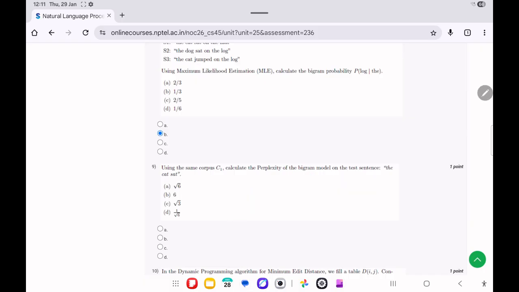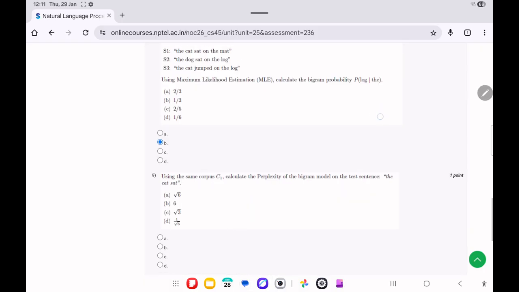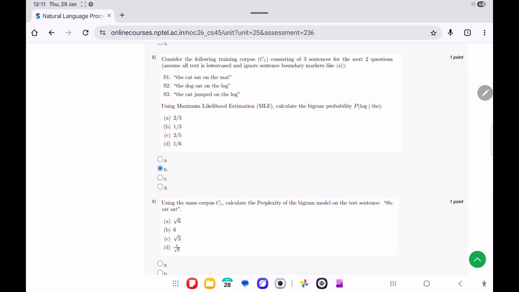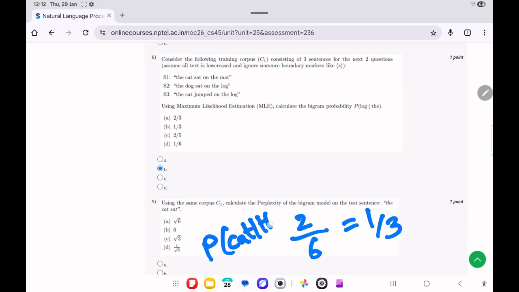So "the cat", you can go to the sentence, 1, 2. So the count of "the cat" is 2, divided by the count of "the", which we have already calculated as 6. So the probability of cat given the is equal to 2 by 6, which is 1 by 3.